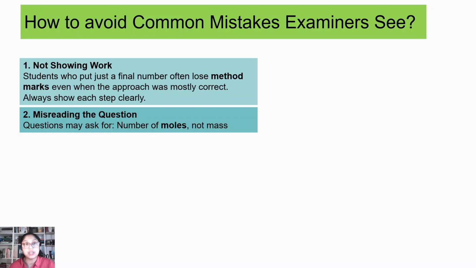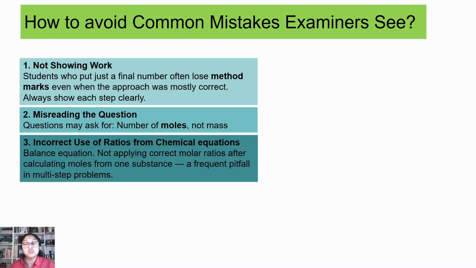So convert accordingly. The third type of mistake that people normally make is incorrect use of the molar ratio from the chemical equation. Check whether the chemical equation given is balanced or not. If you have to write your own equation, then also check whether it's already balanced or you really have to do the balancing of the equation.